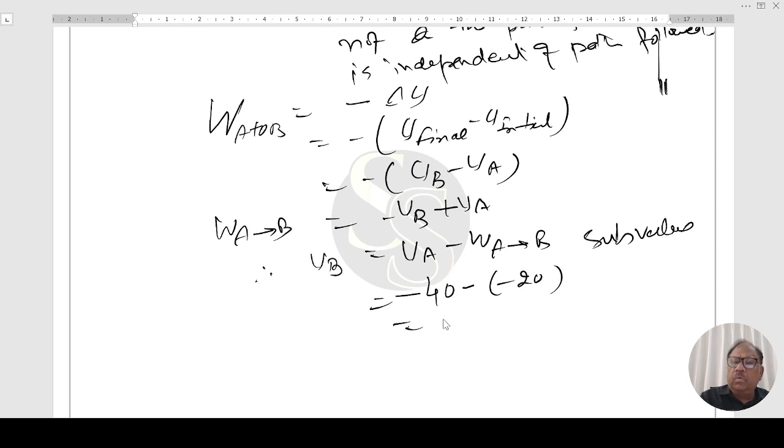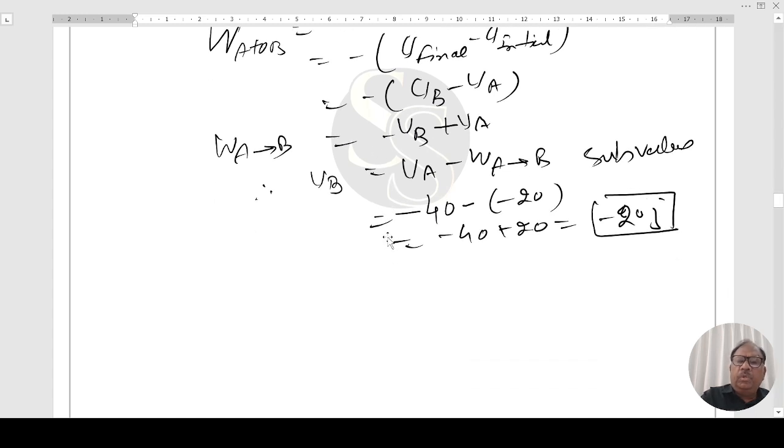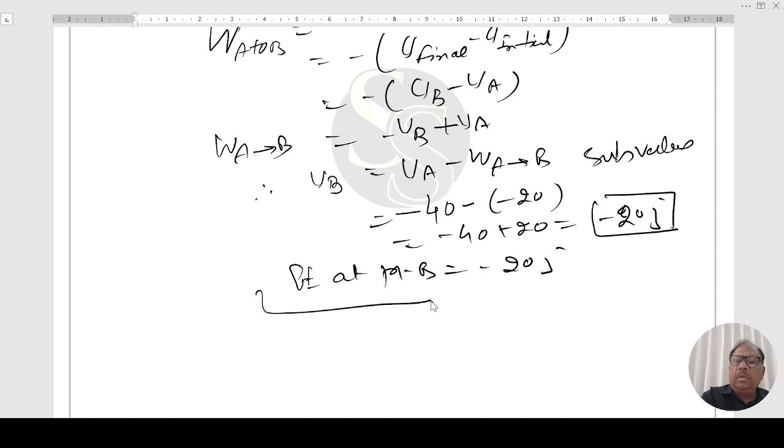On simplification, this comes out to minus 40 plus 20, that is minus 20 joule. This is the potential energy at point B equal to minus 20 joule, right?